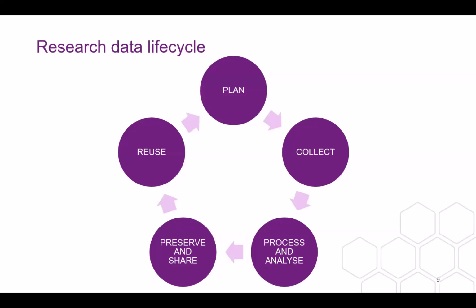To ensure long-term value, data is then preserved and shared in repositories or databases, making it accessible to the wider community. Finally, the cycle continues with reuse, where existing data supports new questions, validation, or replication of studies, and ultimately advances knowledge in a sustainable way.